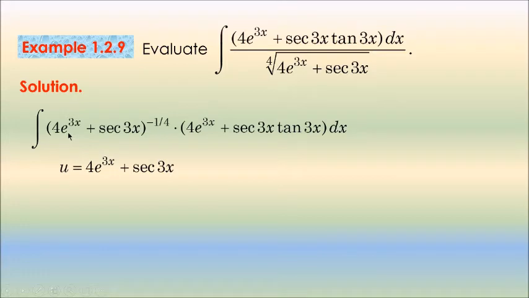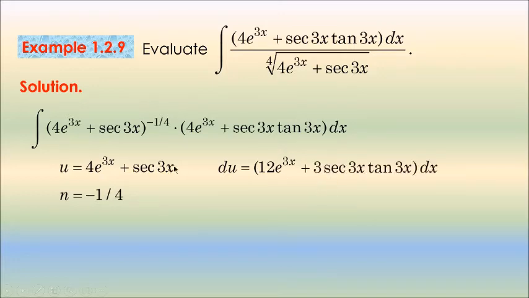Let u be equal to 4e to the 3x plus secant 3x, with n equals -1/4. The differential of u is equal to 4 times e to the 3x times the derivative of 3x, which is 3, getting 12e to the 3x. The derivative of secant 3x is 3 secant 3x tangent 3x, multiplied by dx.